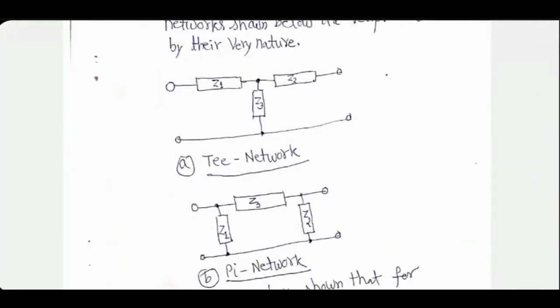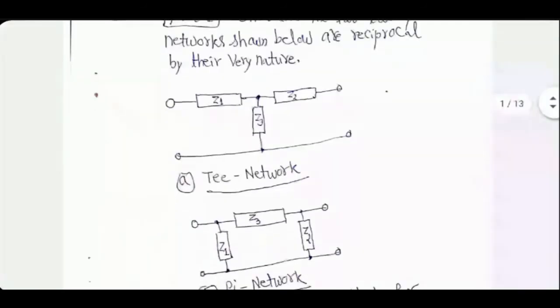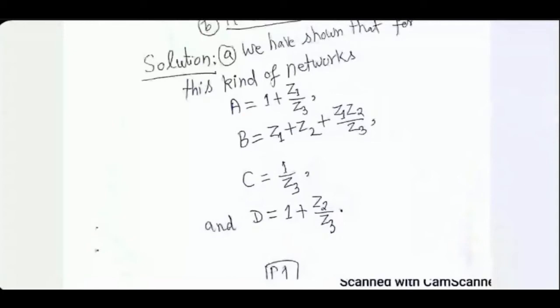To prove that they are reciprocal, we have to calculate AD minus BC and make sure it is equal to 1 in both cases. We have already derived the formulas for ABCD for network A and for B also. So you do some algebra: multiply A by D, multiply B by C, and subtract these two results.